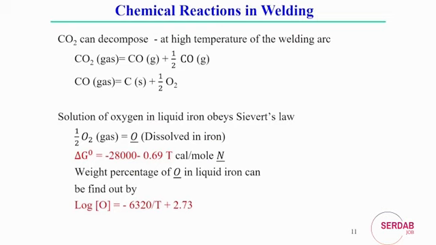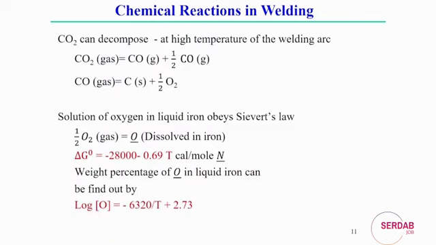But here also the absorption of oxygen follows Sieverts' law, and in a similar way the free energy of oxygen absorption, delta G, is also a linear function of the temperature. Here we can see the weight percentage of oxygen in the liquid iron can be found, again on a logarithmic scale, and it is also a function of the temperature.